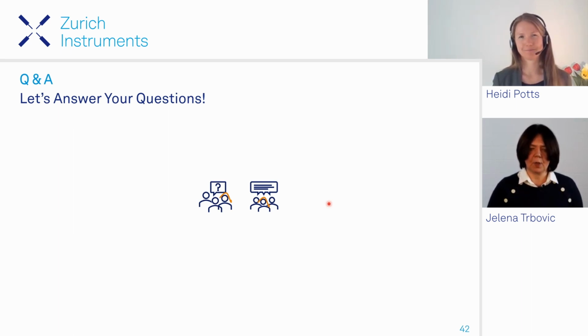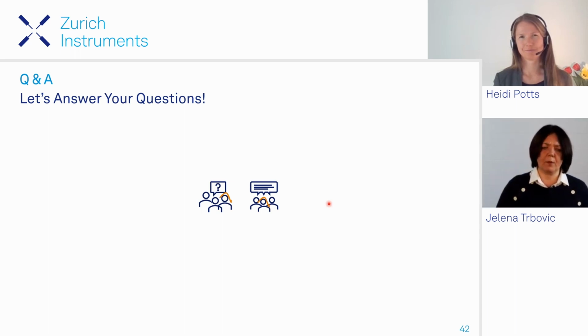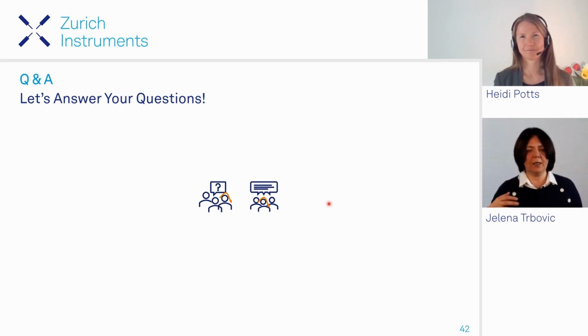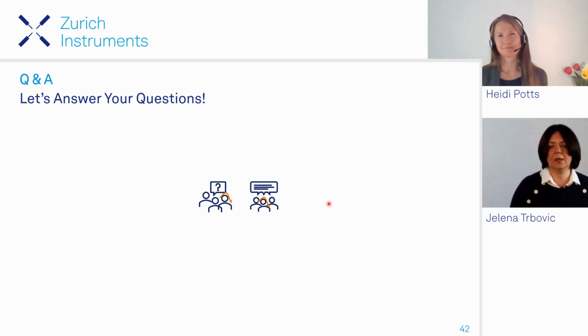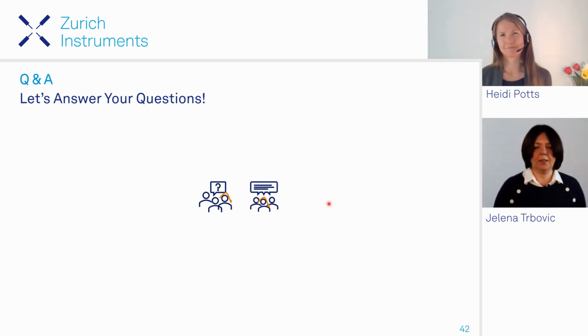Okay, so there are a couple of questions about a second order correlation function and some more advanced simulation questions. In principle, things like the second order correlation function are something you would have to do in the API, and that's what Heidi has been doing.